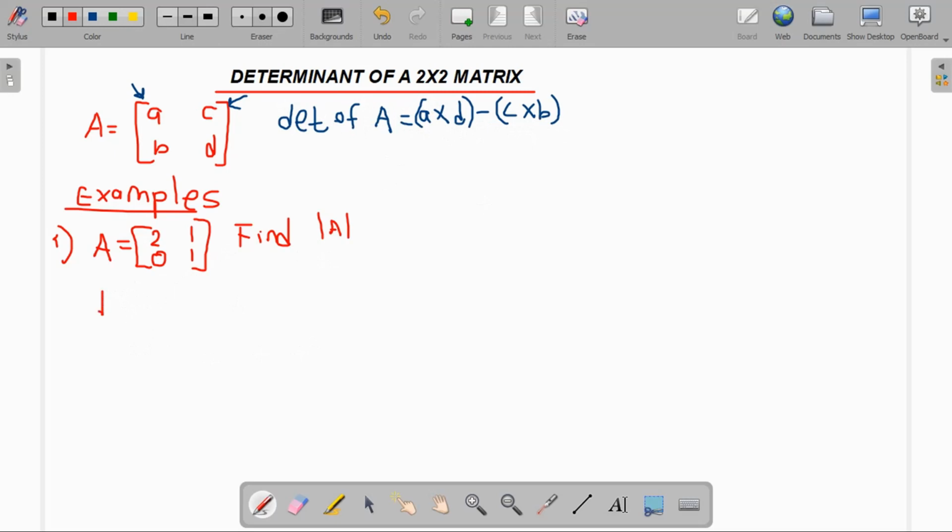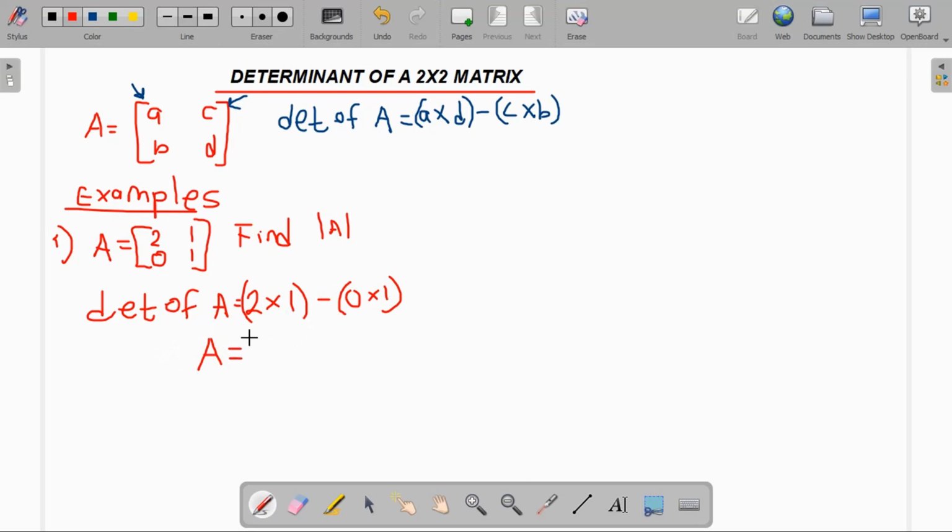The determinant of A is equal to 2 multiplied by 1, the major diagonal, take away 0 multiplied by 1, the minor diagonal.